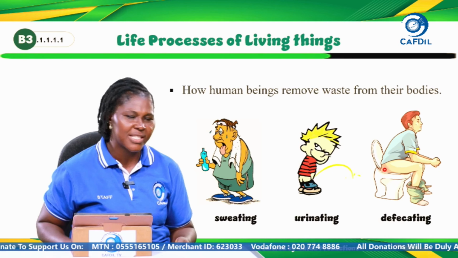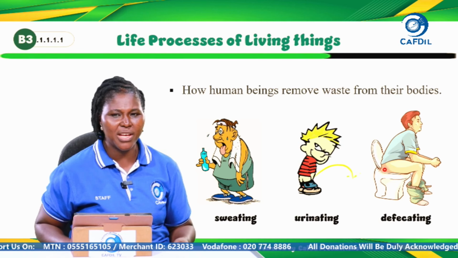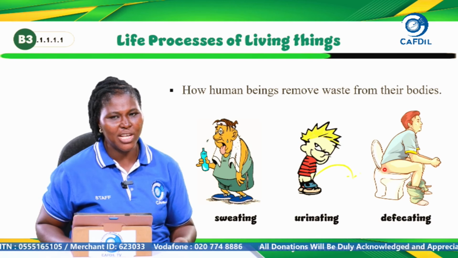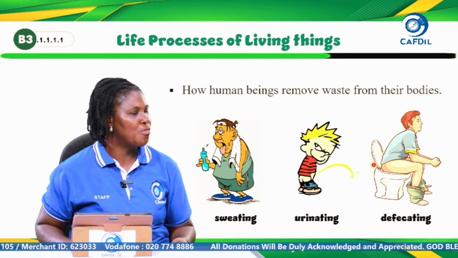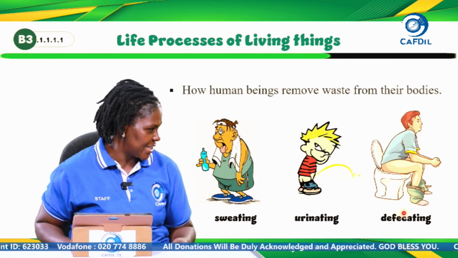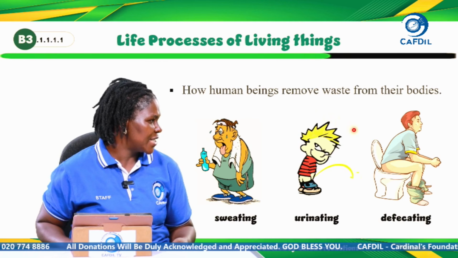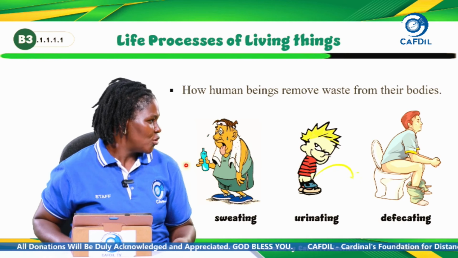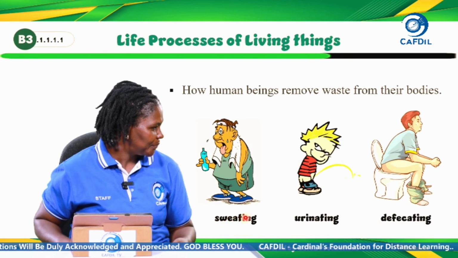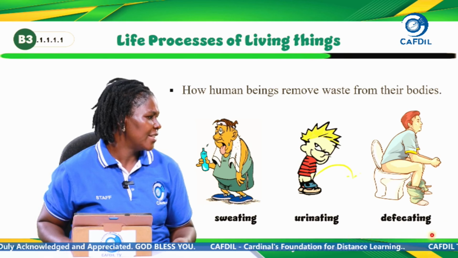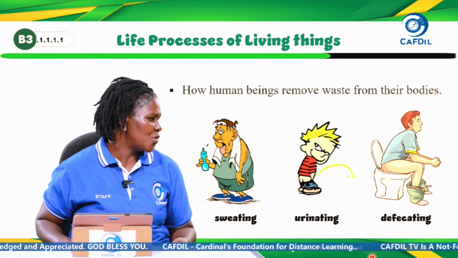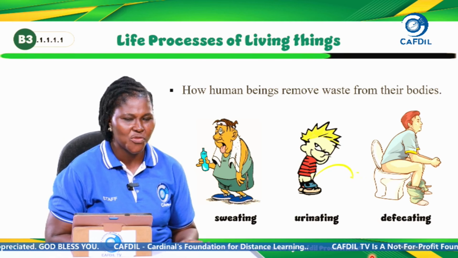We don't want the feces to be in our body. It is a waste and it should come out. So we remove it through defecating. So human beings remove waste from their bodies through sweating, urinating, and then defecating, as we can see on our screen.